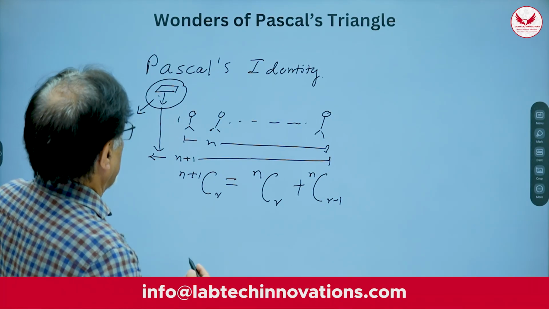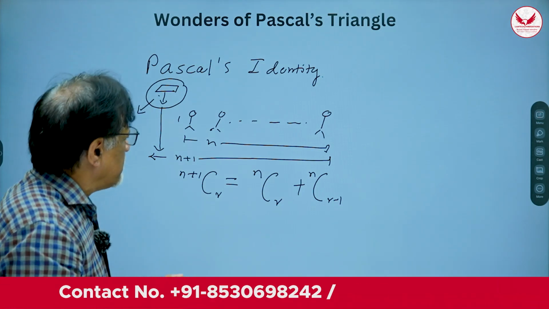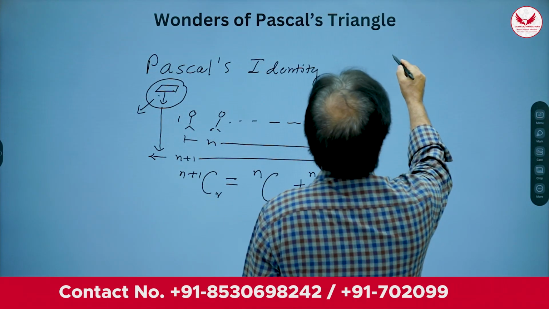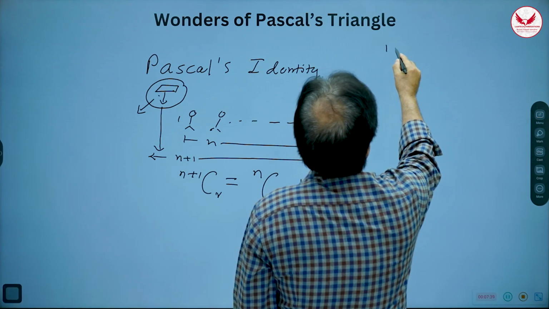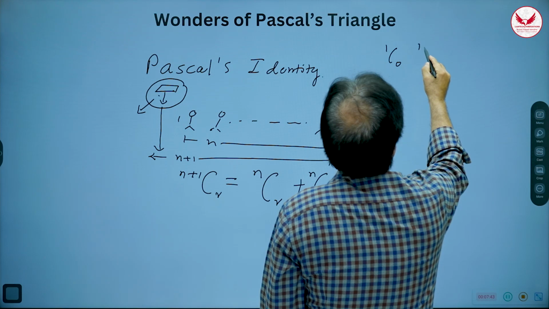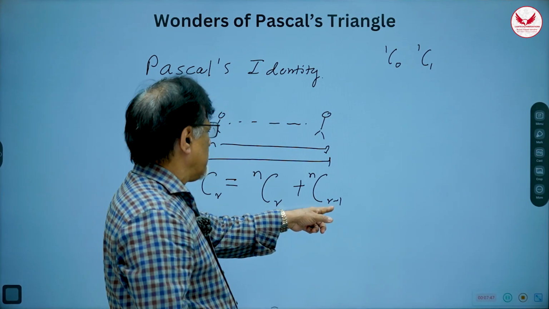But let us see what happens if we apply this identity to various numbers. Let us first talk about, suppose I have 1C0 and 1C1. So this is 0 and this is 1.